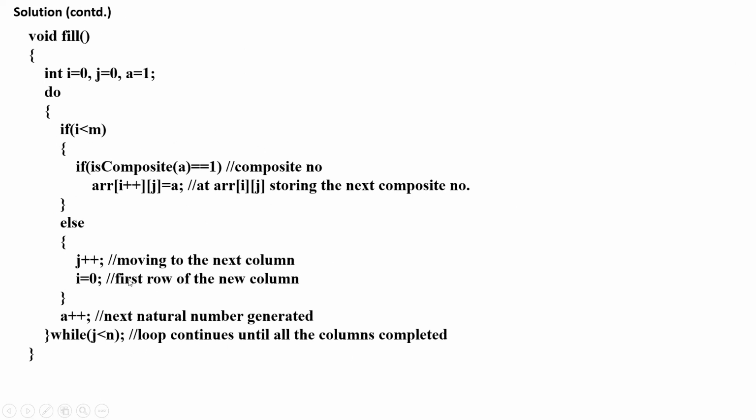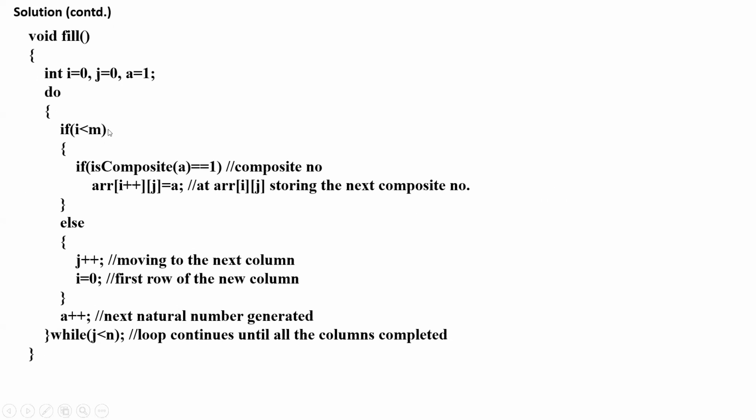It is a little bit complex logic for some students. What I have done is, i and j: i represents the row index, j represents the column index, and a is the number that will start with for getting the next composite number. So we are starting with 1.